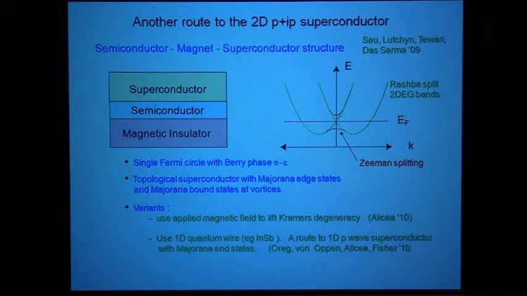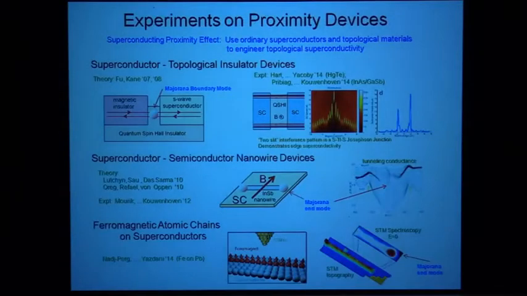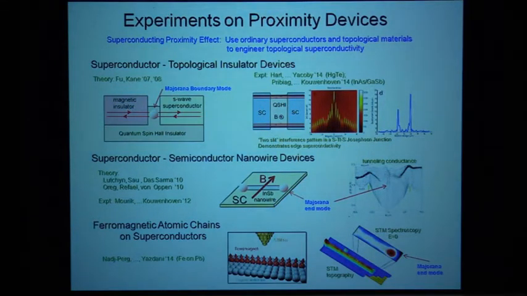Okay, and so once this idea was out there, there are lots of different ways that one can go about trying to do that, and so I think Amir is probably going to talk a little bit more about the experiments here. So there are some experiments that Amir is going to tell you about, attempting to do something at least on these quantum spin Hall insulators.